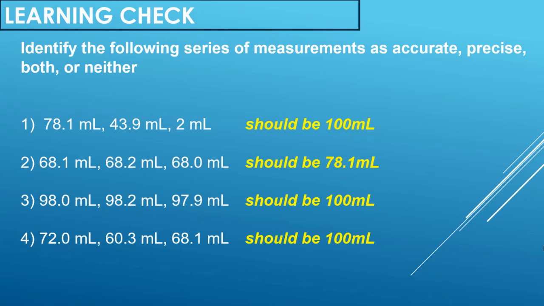Is this accurate, precise, both, or neither? And then our last set of data, 72, 60.3, 68.1, when it should have been 100. Is it accurate, precise, both, or neither? So pause for a minute and look at that data and think about whether it is accurate, precise, both, or neither.